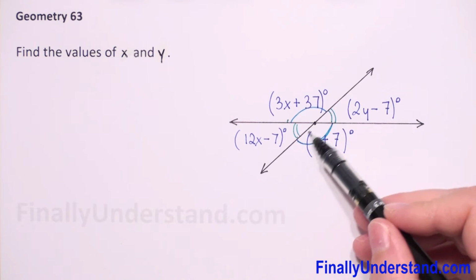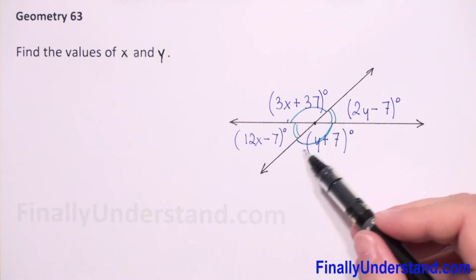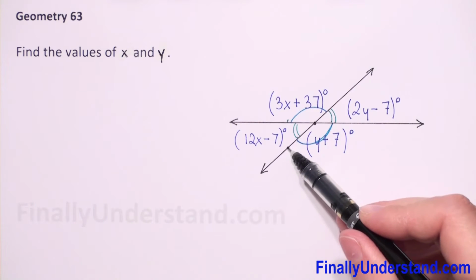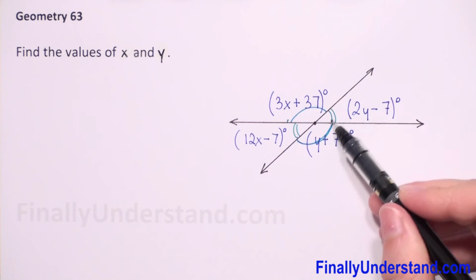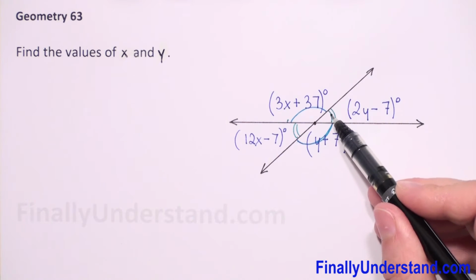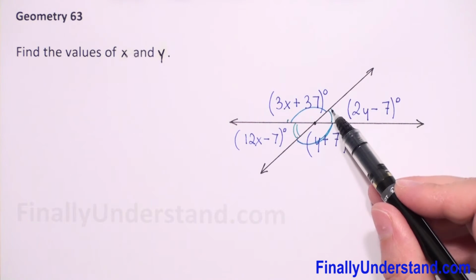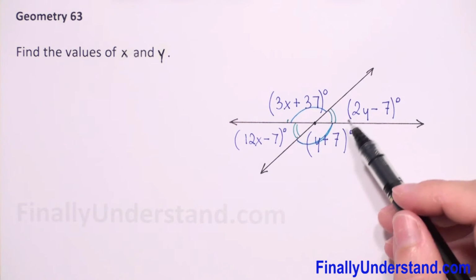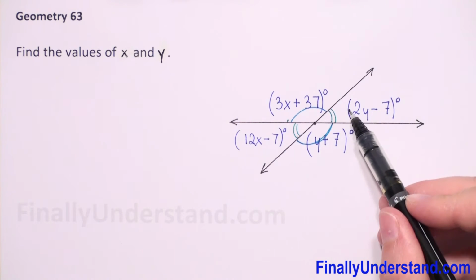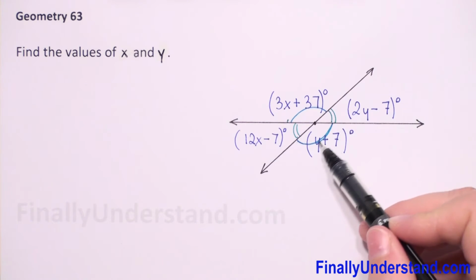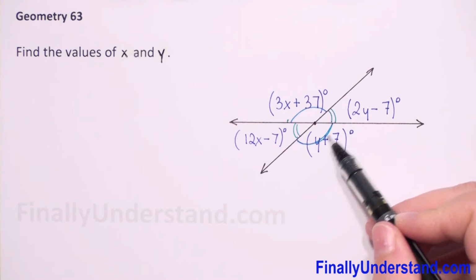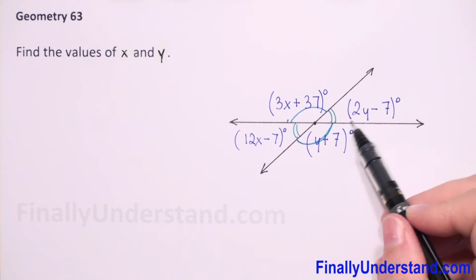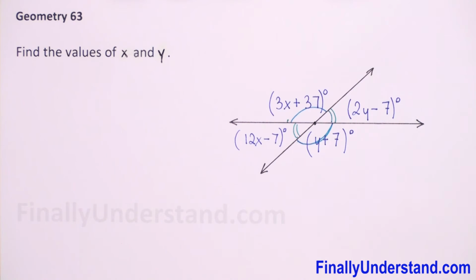Let's choose this line. We see that this line gives us a straight angle, and a straight angle has 180 degrees. So the sum of these two angles, because they are supplementary, is 180 degrees.